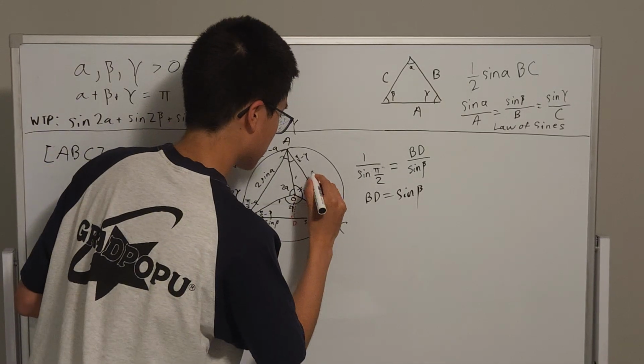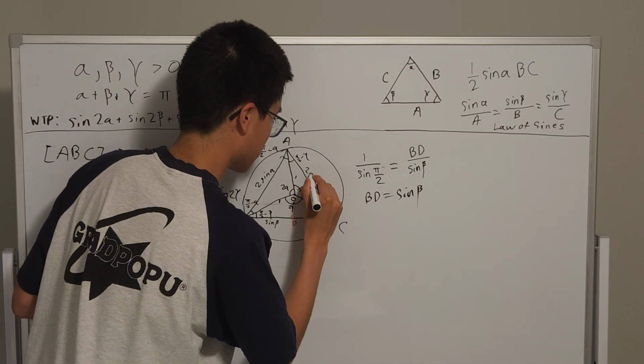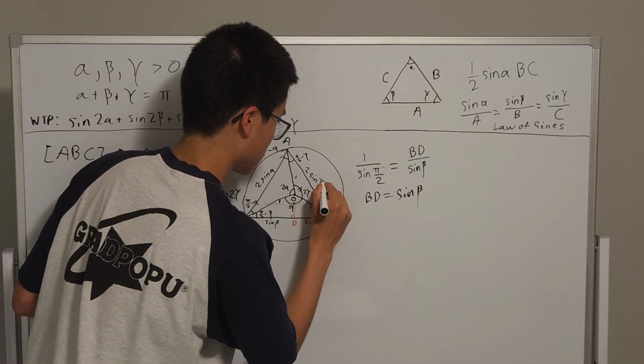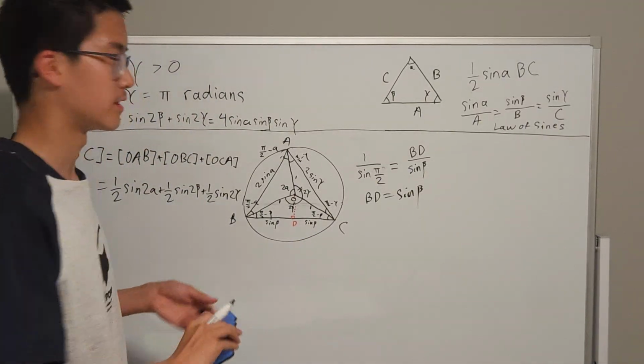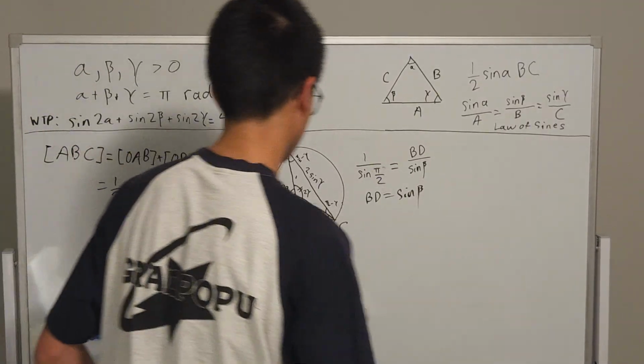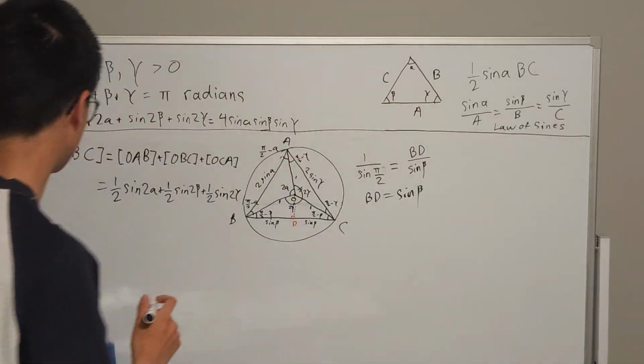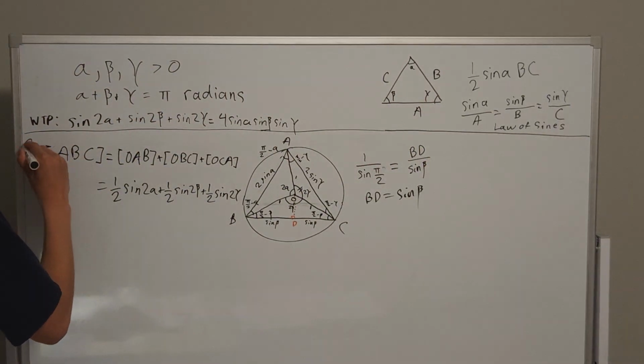This right here will equal 2 sine gamma. Now we have enough information to calculate the area of triangle ABC. So this is the first way to do this.